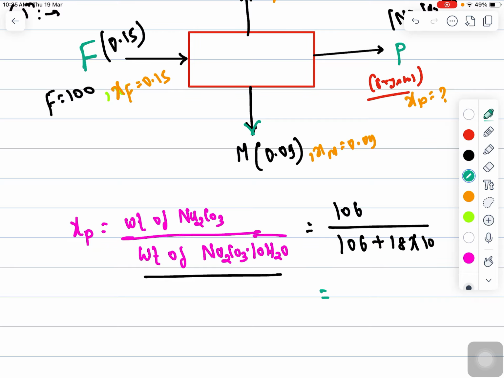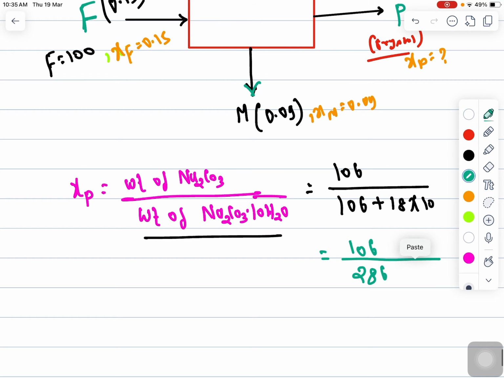So it will be 106 divided by 286. Once you do the calculation, you will get 0.3706, something like that. Great.